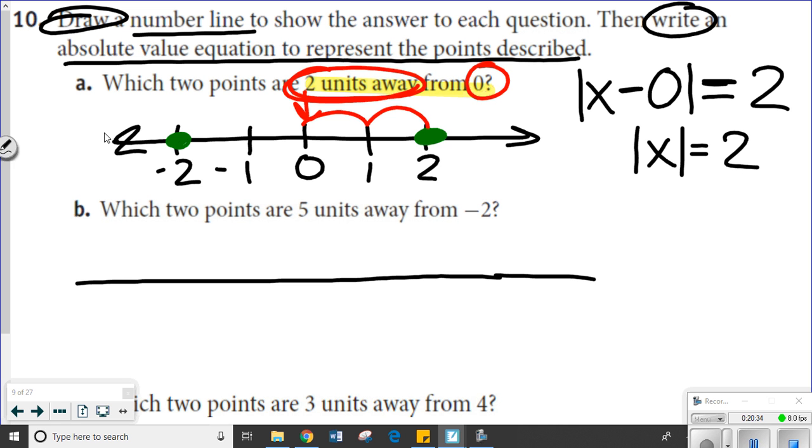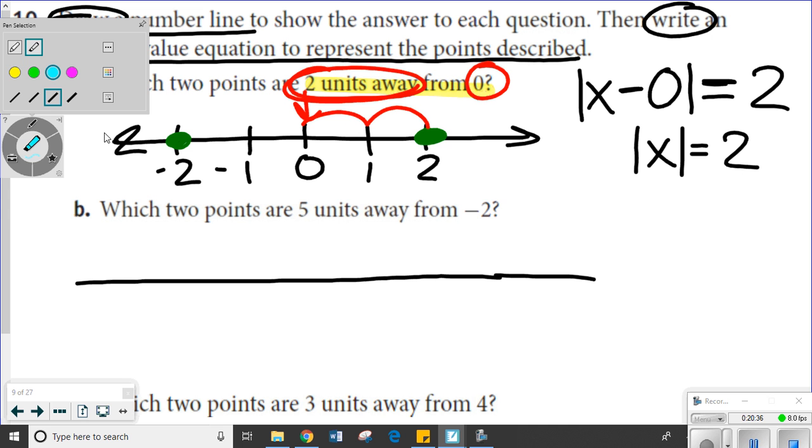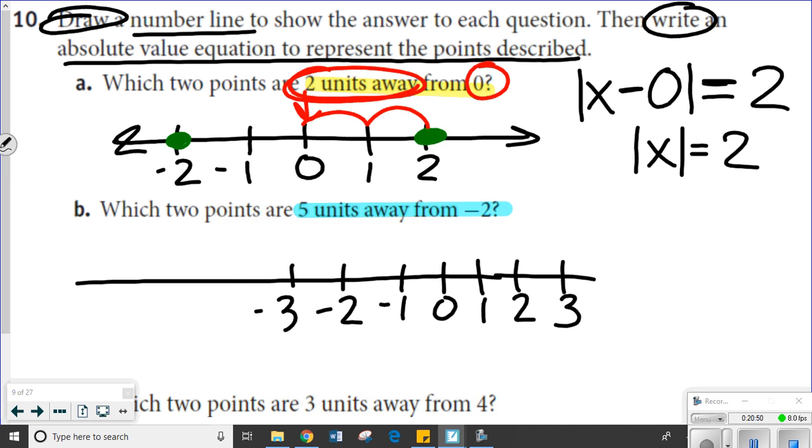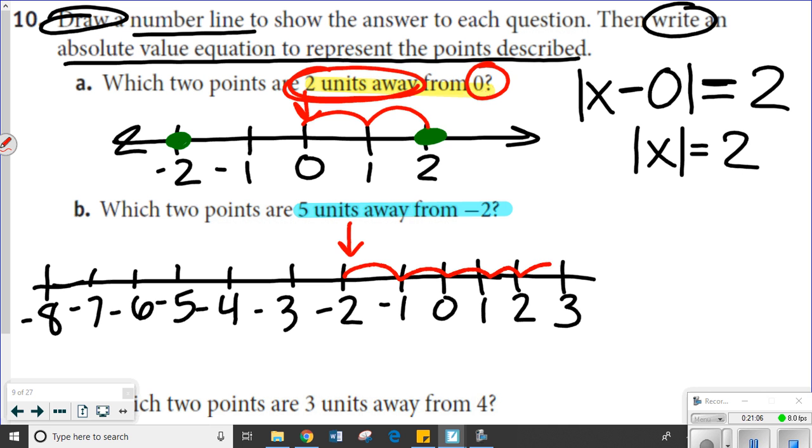We are moving 5 units away from -2. So I'm going to put a -2 in the middle. This is our starting point at -2, and we want to move 1, 2, 3, 4, 5 units away.